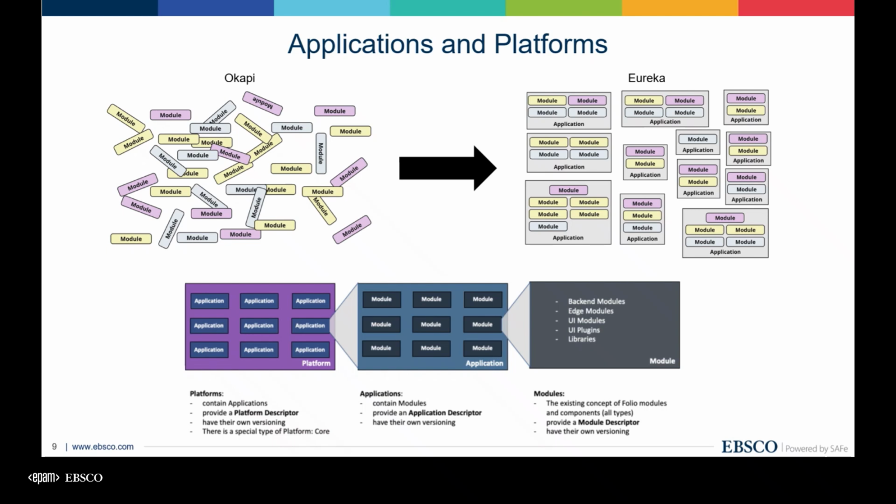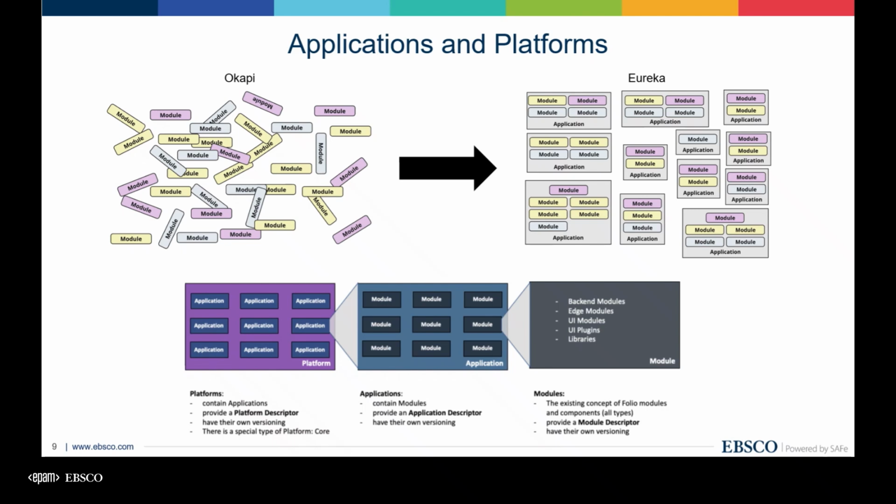With Eureka, we've introduced this notion of an application, which groups those into logical applications. These applications are intended to be a vertical slice of functionality. So oftentimes you'll see that an application includes a front-end module, a back-end business logic module, maybe a back-end storage module, and possibly even an edge module. Other applications might just have one or two of those things.